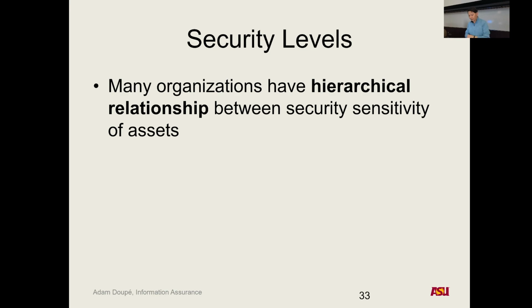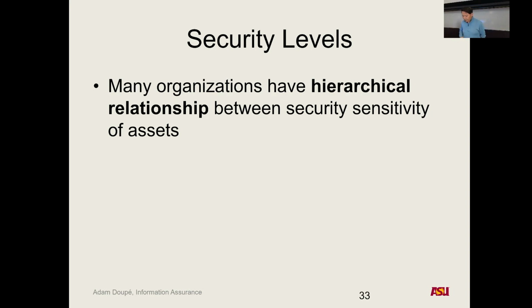So many organizations have a hierarchical relationship between the sensitivity, maybe, or secrecy of their assets or resources or people. Okay, so it means the information and resources are classified, right, based on their importance, and they have to keep them secure.